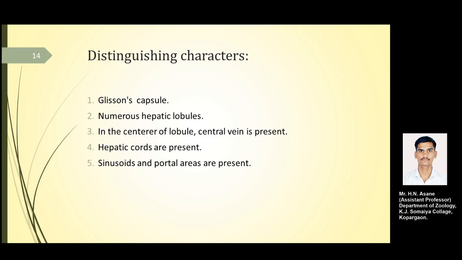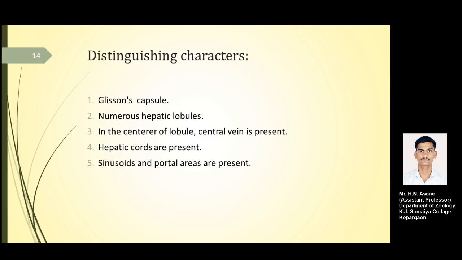The autonomic nervous system supplies the liver, and communicates with other nerves. They innervate the blood vessels and the bile ducts, and carry out their interconnections.